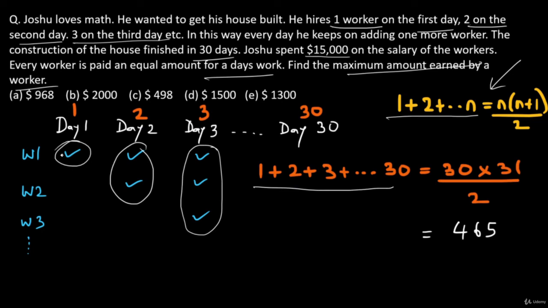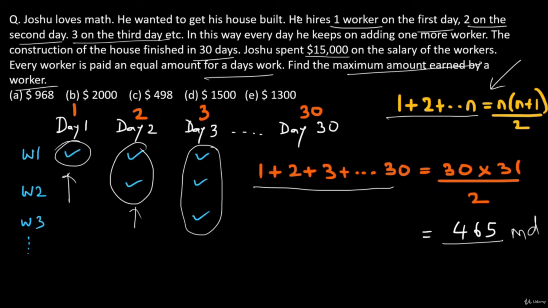And this is man days, right? This is one man day, this is equal to 2 man days, this is 3 man days, etc. So this 1 plus 2 plus 3 etc. up to 30 is equal to 465 man days. So the work is 465 man days. So it's equal to hiring 465 men for one day.